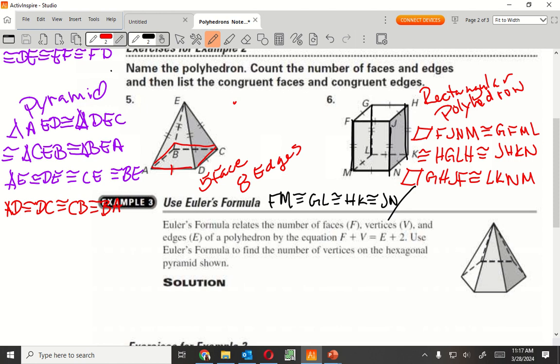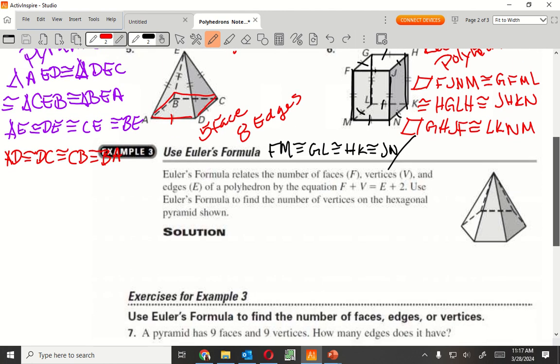Now let's look at the single tick marks, which is along the bottom. 1, 2, 3, 4, 5, 6, 7, 8. There's 8 of those. So let's start with GH, HJ, JF, FG.